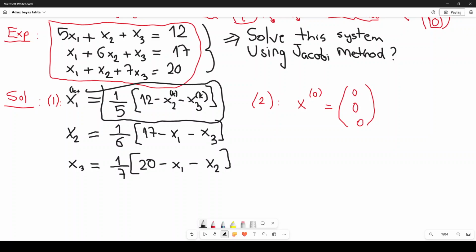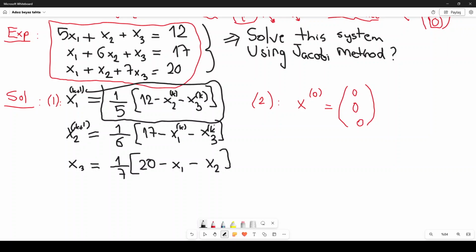Why is that? Because on the right hand side we use the older values, whereas on the left hand side we obtain the new values at the next iteration. The same thing holds for other unknown variables as well. On the left hand side we obtain the new values, whereas on the right hand side we use the older values to iterate through the unknown variables.